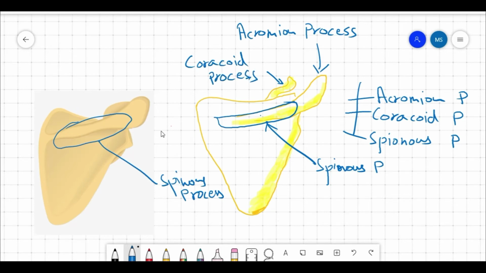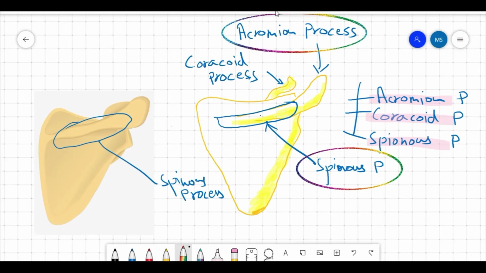Let me repeat. There are three processes: acromion process, coracoid process and spinous process. The spinous process is the spine of the scapula which you see at the posterior surface. The acromion process is the extension of the spinous process, and the coracoid process is another process, shorter, smaller, but at the anterior side.